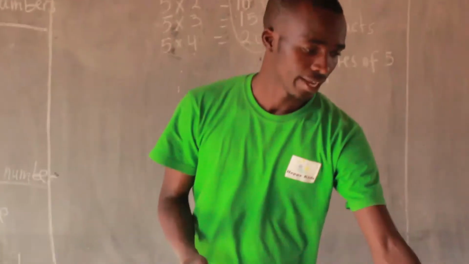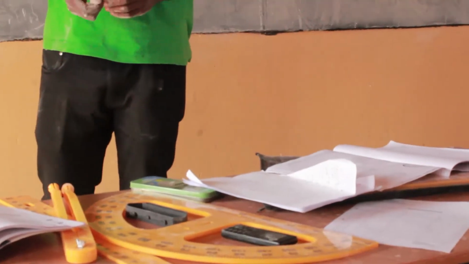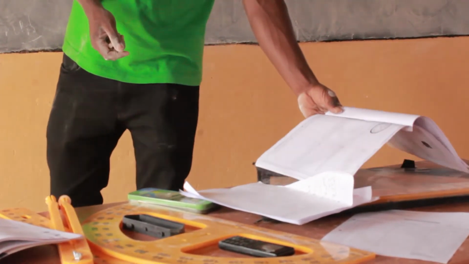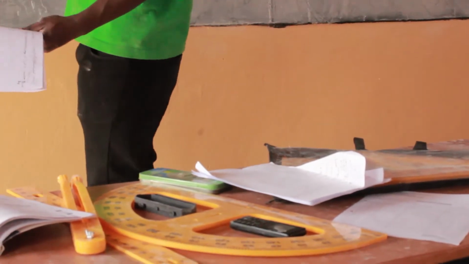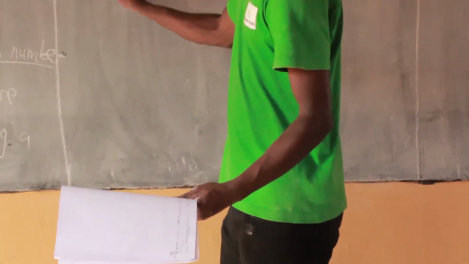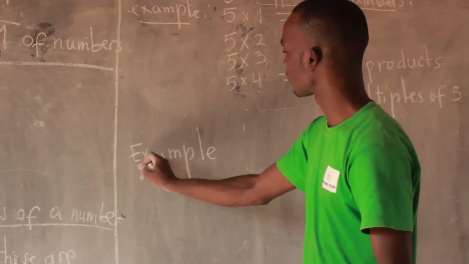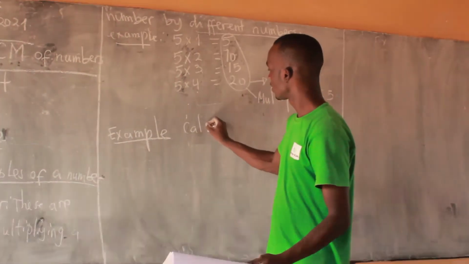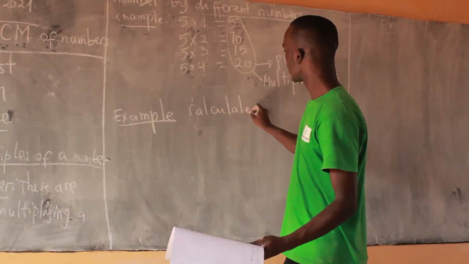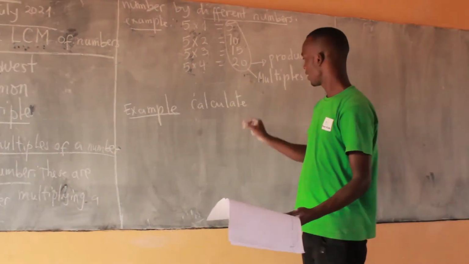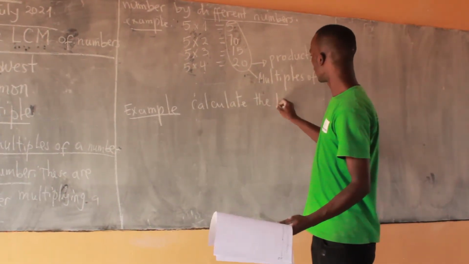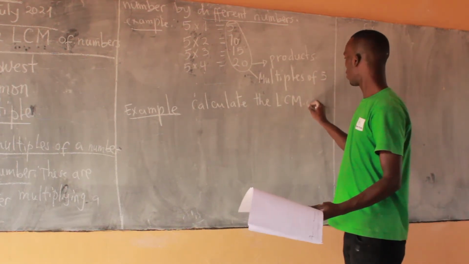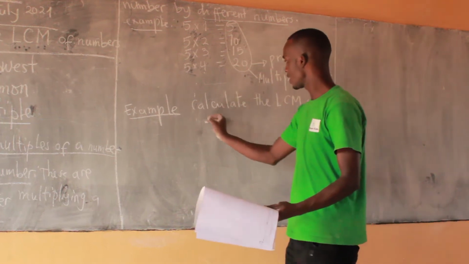Let's use the example which is in your holding package, the one you are doing at home, which is asking us to calculate the lowest common multiple of 3 and 5.